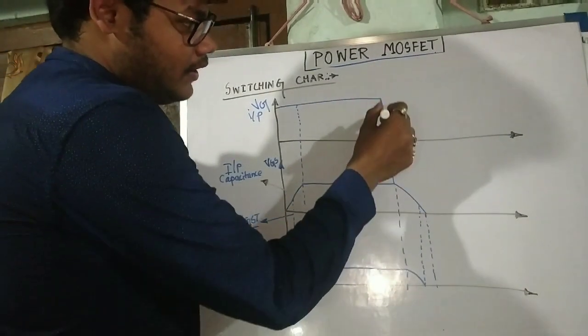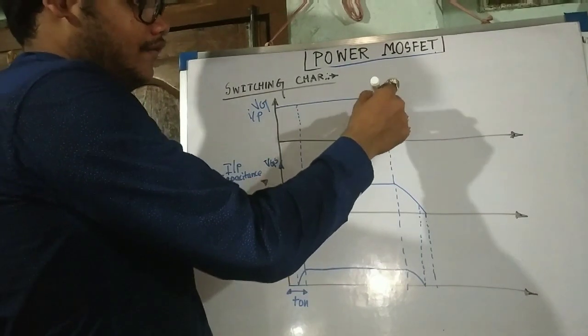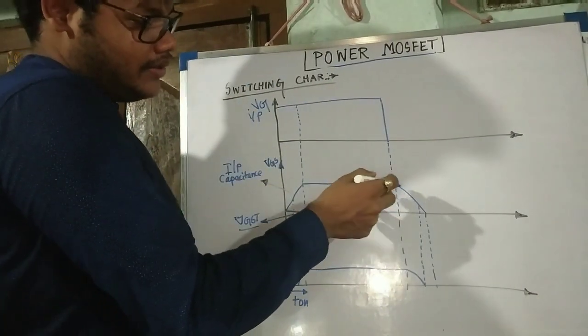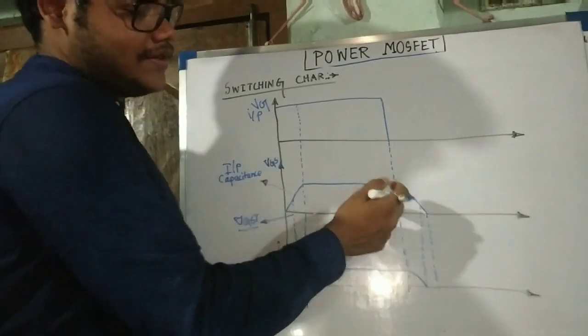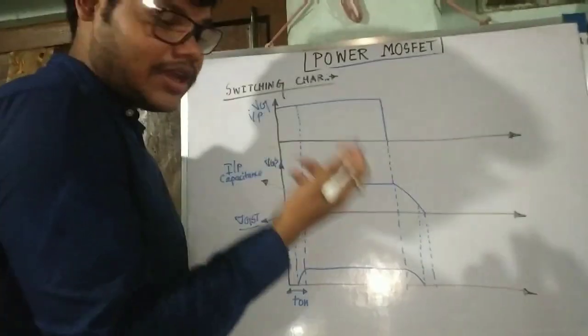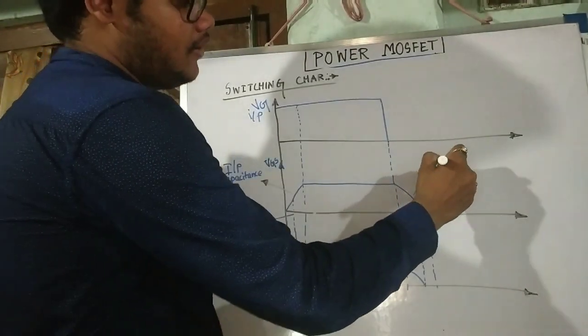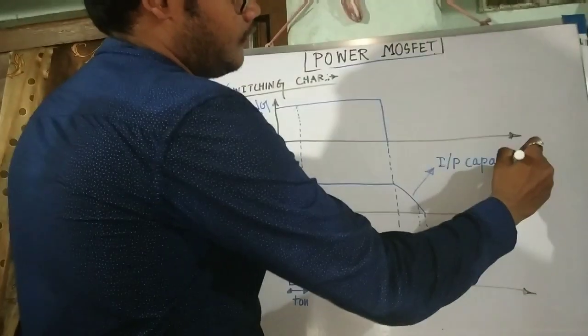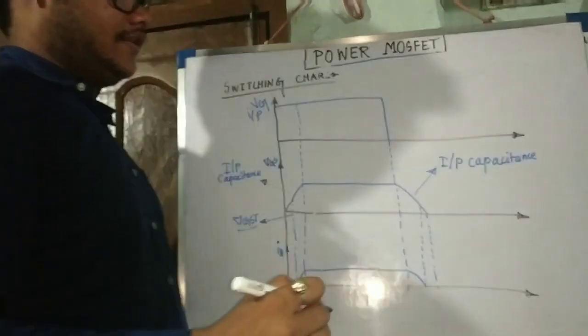After the immediate removal of your gate voltage, the VGS voltage does not fall sharply. It again takes some time because of the input capacitance effect.